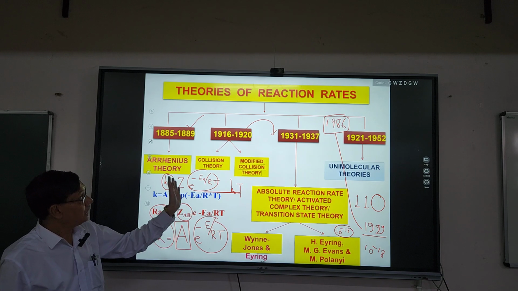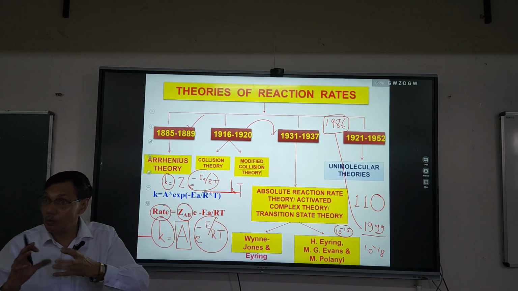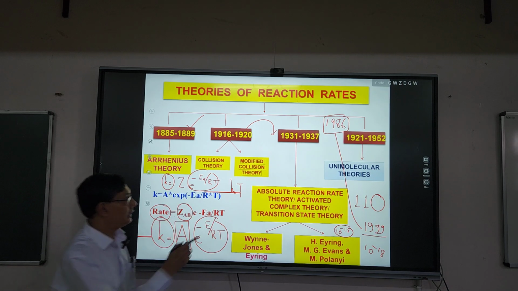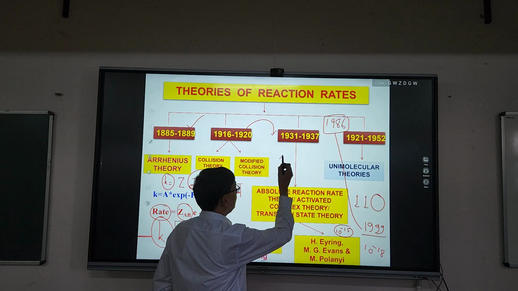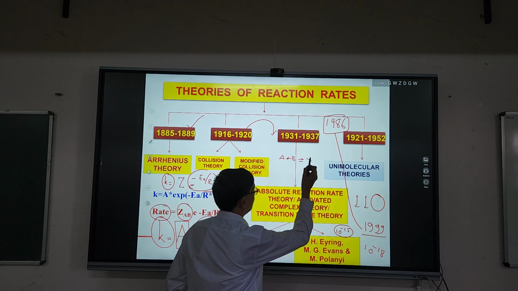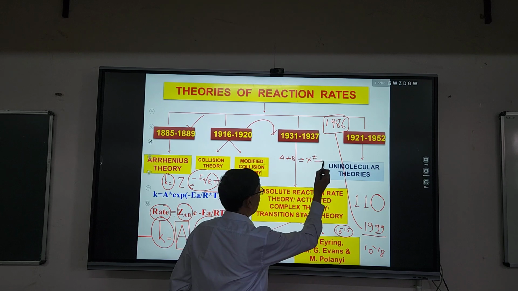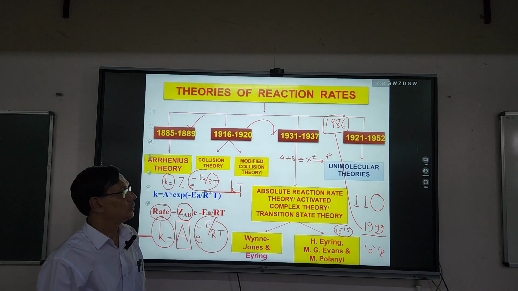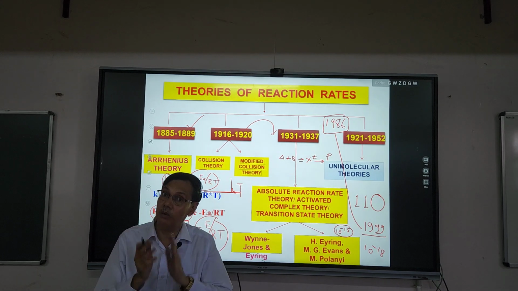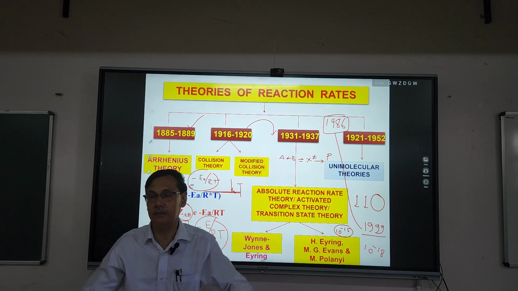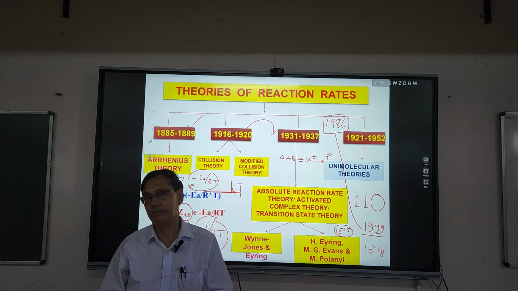So after 11 years, there are some problems regarding this collision theory. And if I write a simple thing, A plus B, everywhere I write the same thing. You have already seen, this is the activated complex and product. So the structure of the activated complex and the distribution of energy among the molecules is very important.